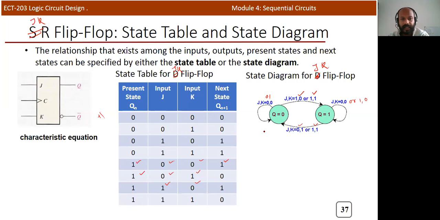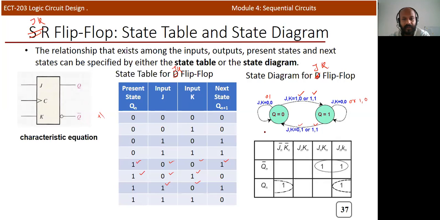So now we need to write the characteristic equation of this particular flip flop. For that we need to design Qn plus 1 in terms of Qn, J and K. So here it is J K bar, J bar K bar, this is J bar K, and this is J K bar.